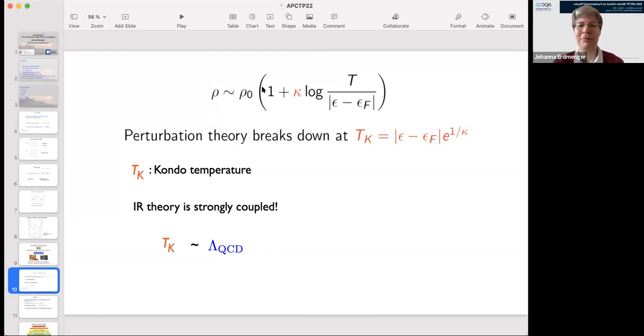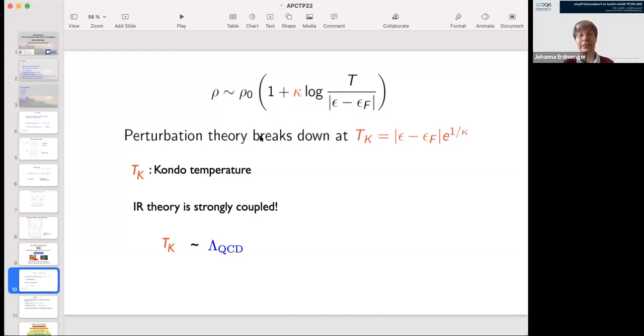And then obviously perturbation theory breaks down, because in perturbation theory, it's assumed that this term is much smaller than this one. But due to this logarithmic behavior, if we have this relation here, then this term becomes 1, and then perturbation theory breaks down. And so the scale defines a particular temperature, which is called the Kondo temperature. And this will show up quite a bit later also in my lectures.